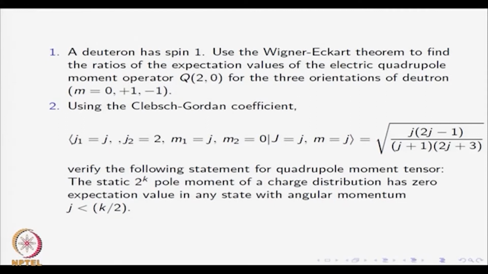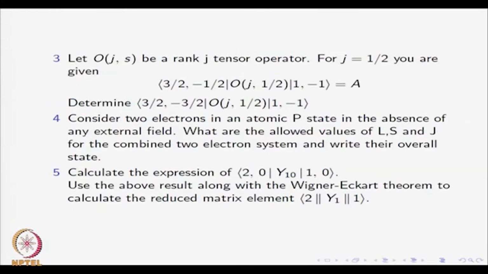Now, let us go to the third problem. Third problem is again recollect the problem we did in the tutorial, the 11th tutorial. We had done one problem wherein the question was of similar kind. So, you have to evaluate this matrix or the jth rank tensor, and for j is equal to half you are given some states.